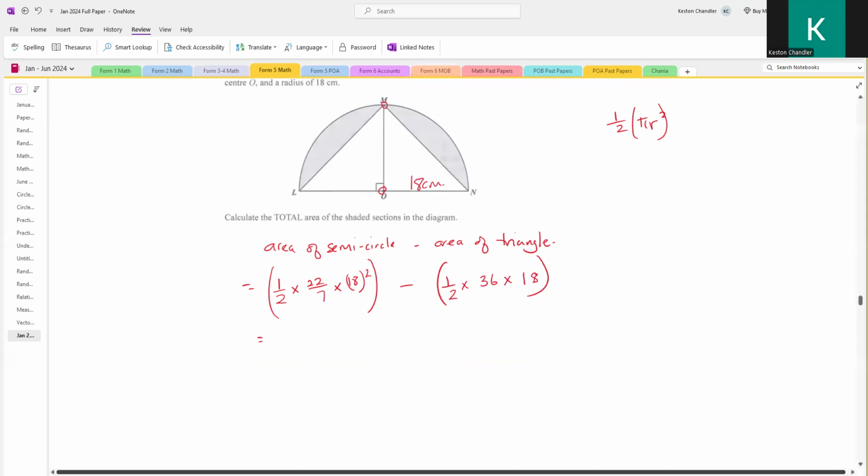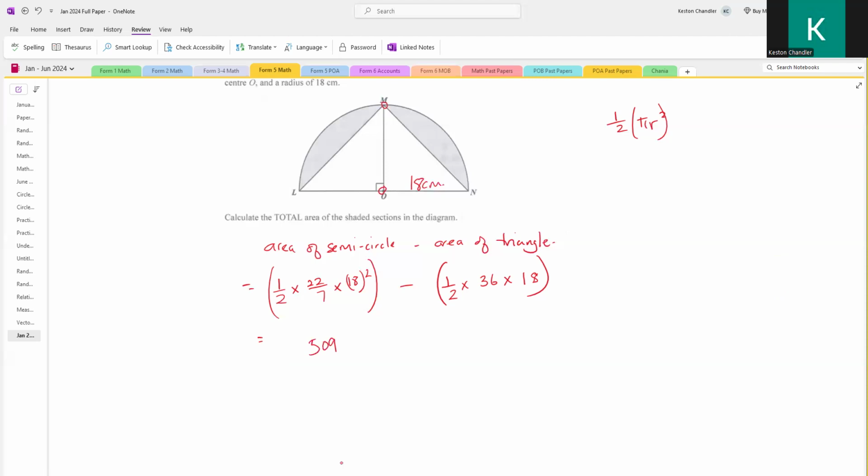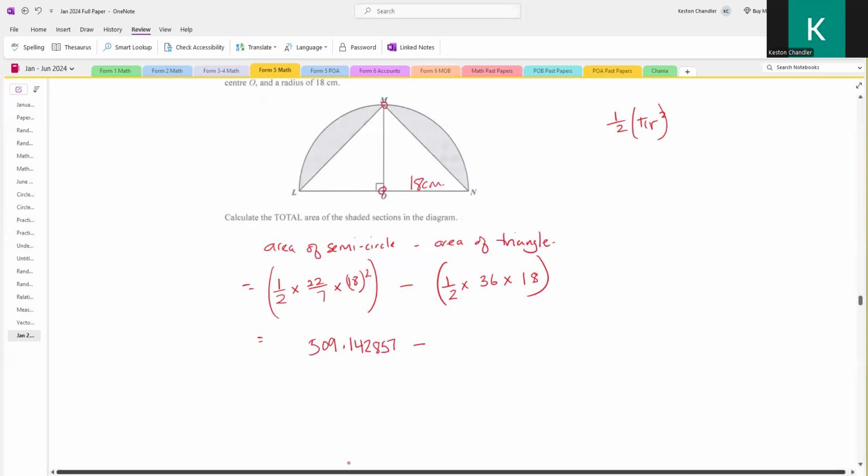So 18 by 18 by 11 divided by 7. This side, half of 36 is 18.